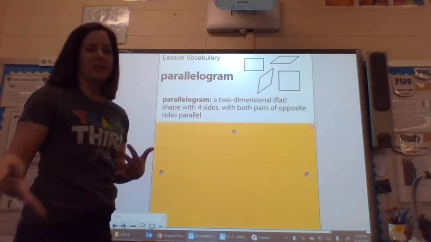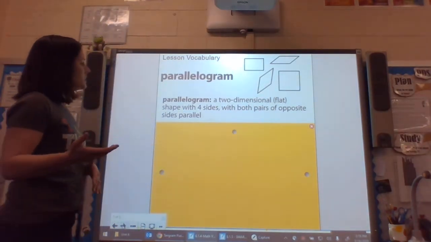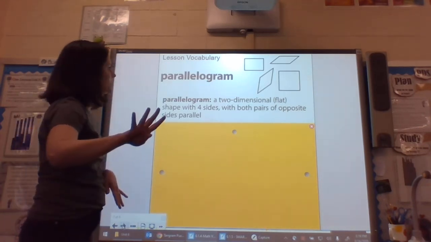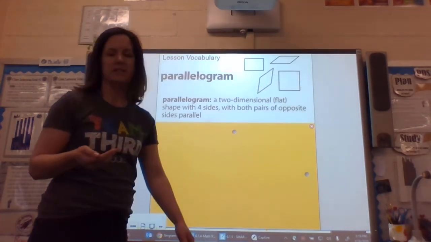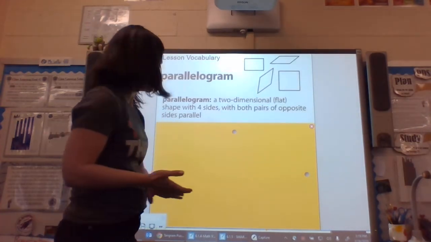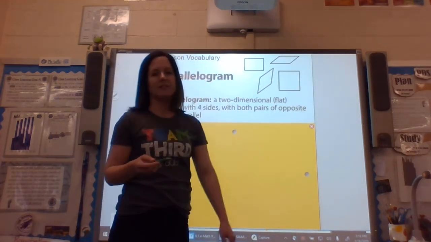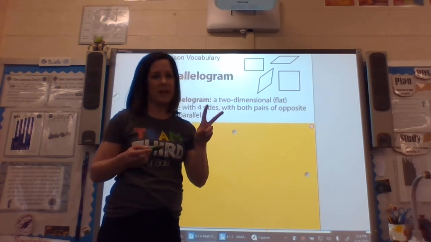So the first shape we need to know is a parallelogram. A parallelogram is a 2-dimensional flat shape with 4 sides, so it's a quadrilateral, with both pairs of opposite sides parallel. So let's take a look. In this parallelogram here, it's got 2 pairs of parallel sides.